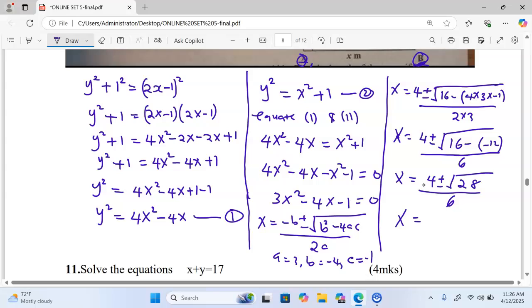X is equal to 4 plus or minus the square root of 28. The square root of 28 is 5.29, divided by 6, such that x is equal to 4 plus 5.29, which is 9.29, divided by 6.